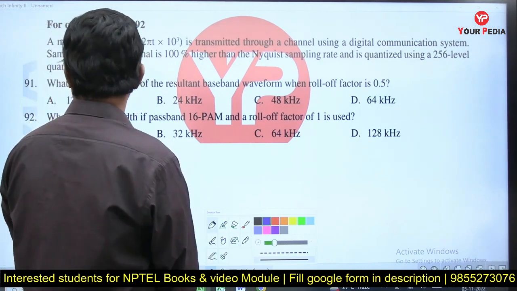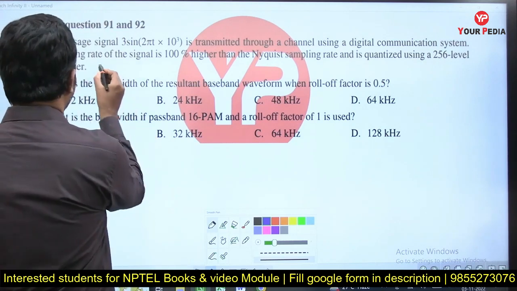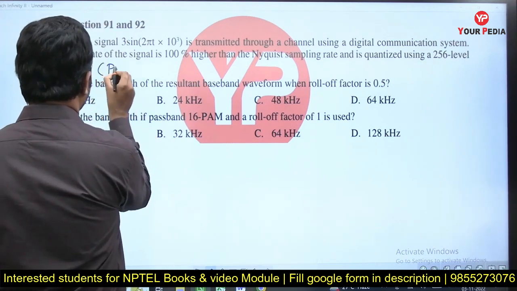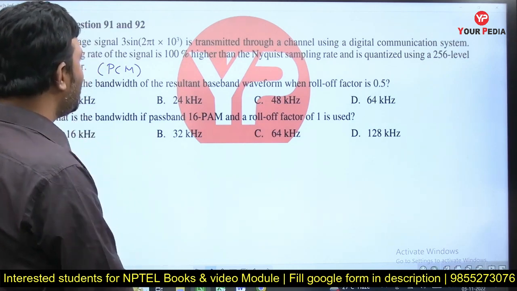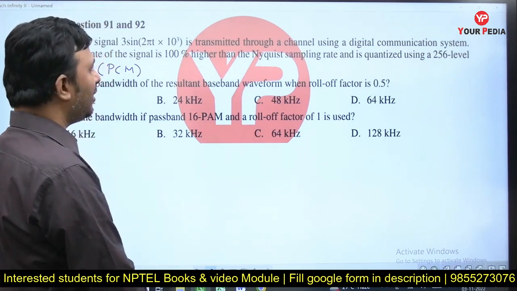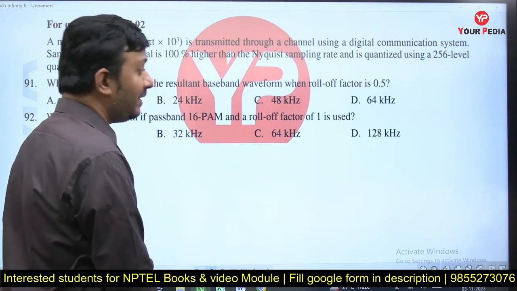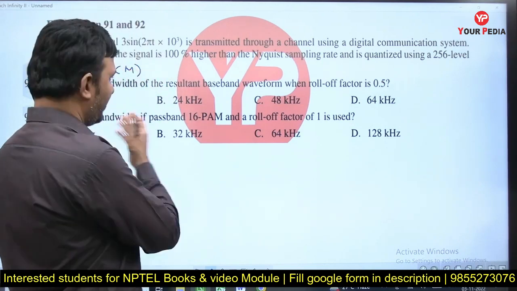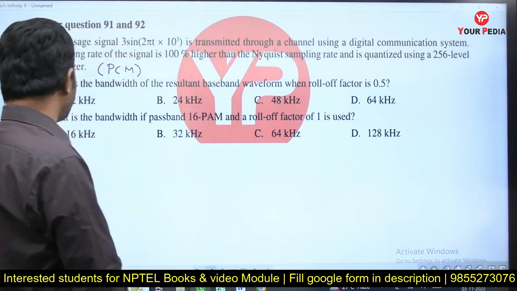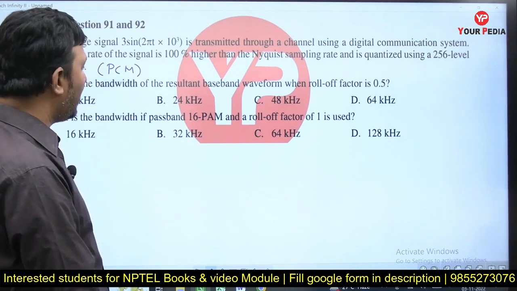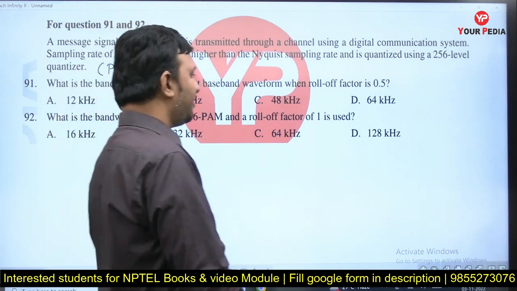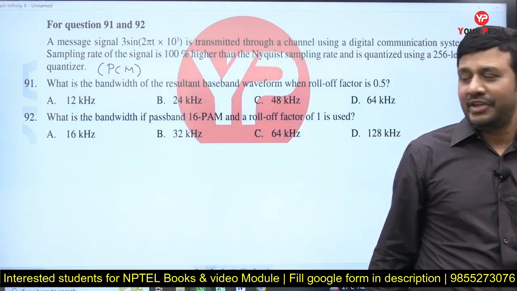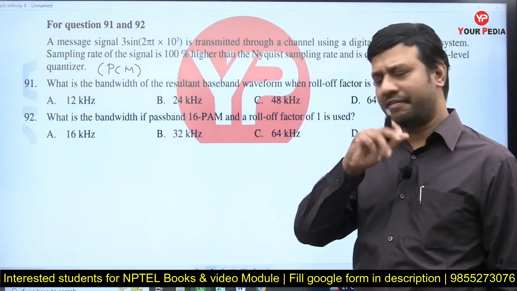The first question is related to pulse code modulation, PCM: what is the bandwidth of the resultant baseband waveform when the roll-off factor is 0.5? Now the second question is, what is the bandwidth if passband 16 PAM and a roll-off factor of 1 is used? These kinds of questions are very, very important.